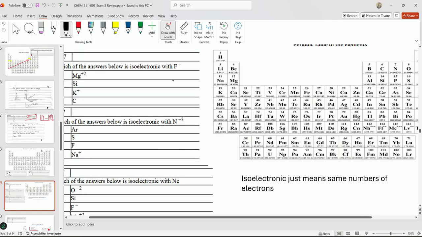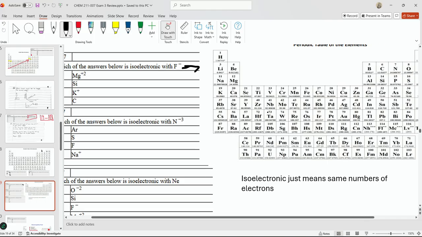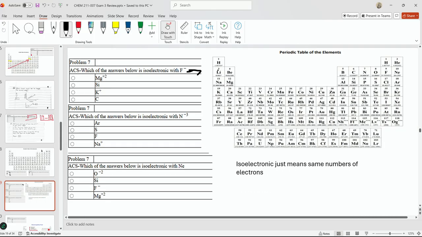If you look at F minus, what is the number of electrons that F minus has? First you go to F. F is here. What does a minus 1 mean? You have to add an electron.